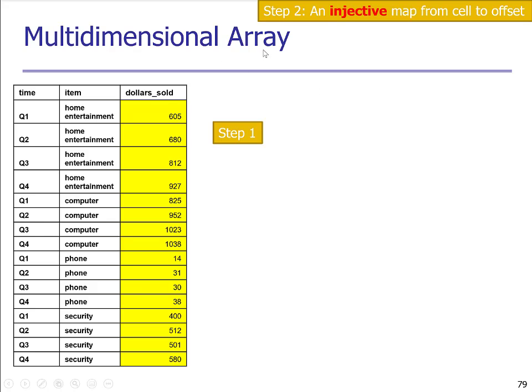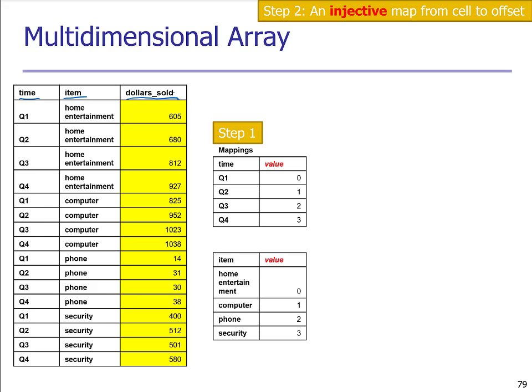Take a multi-dimensional array. Let's say this is the data, which is more like from the relational database. We have 2 dimensions, time and item, and this is the measure, the dollar sold. For the first step, we do the mapping.